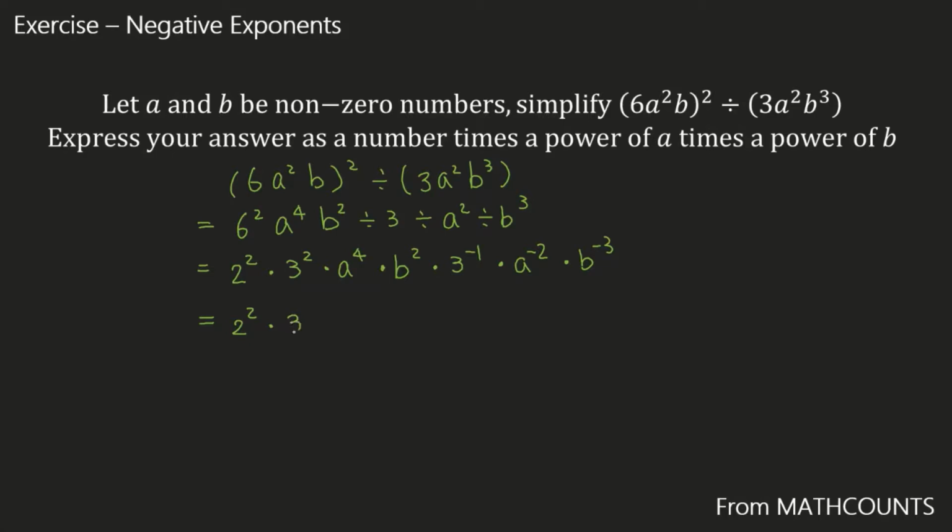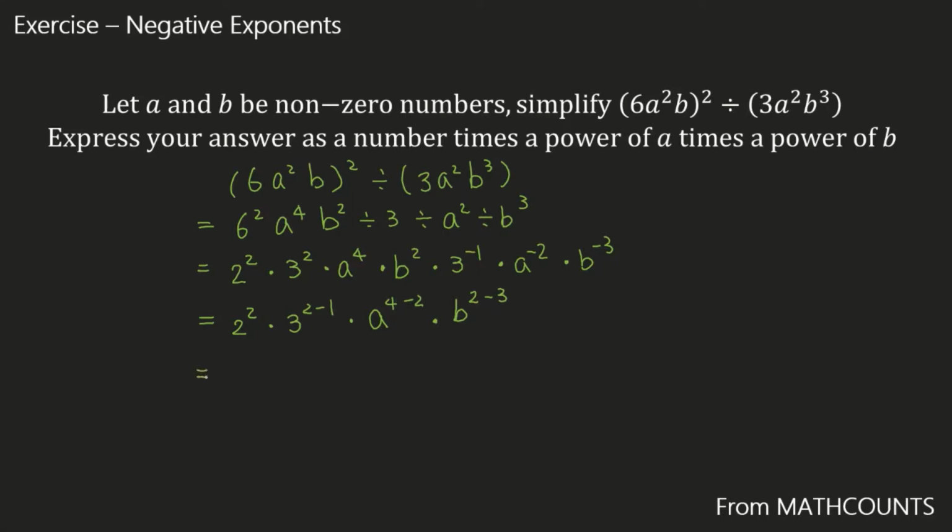And this gives us 3 raised to the power of 2 minus 1. Then we have a raised to the power of 4 combined with a raised to the power of negative 2. That gives us a raised to the power of 4 minus 2. Then we have b squared combined with b raised to the power of negative 3. And this becomes b raised to the power of 2 minus 3.